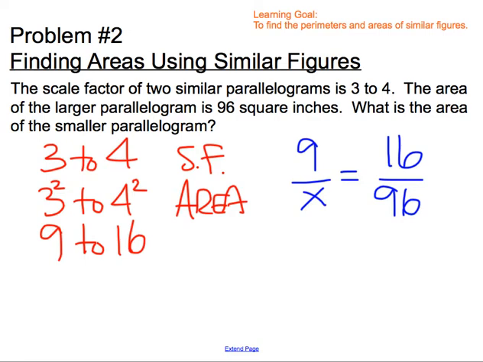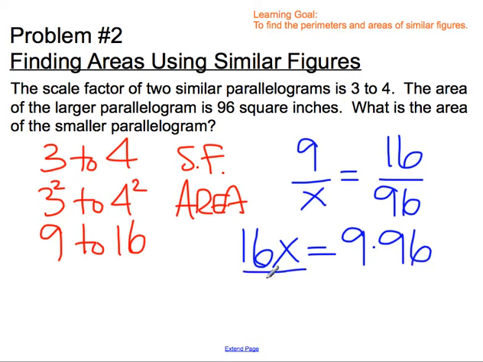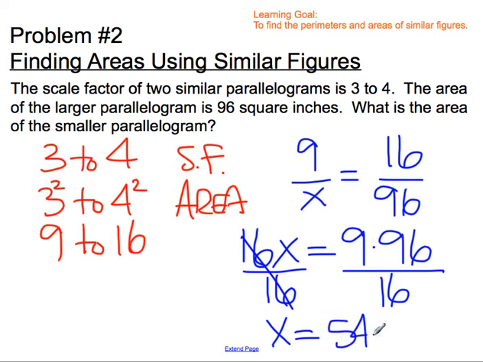Cross multiplication gives 16 times x equals 9 times 96. Divide both sides by 16, and we get that the value of x equals 54 square inches.